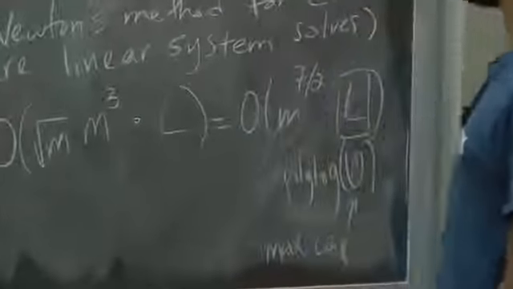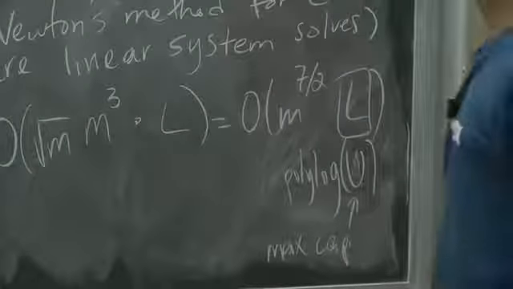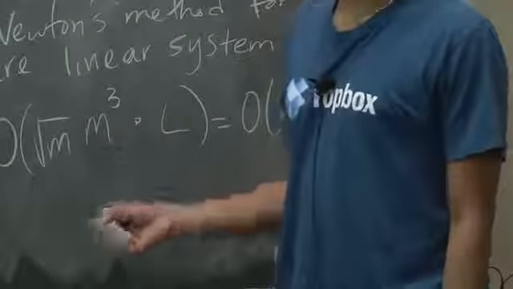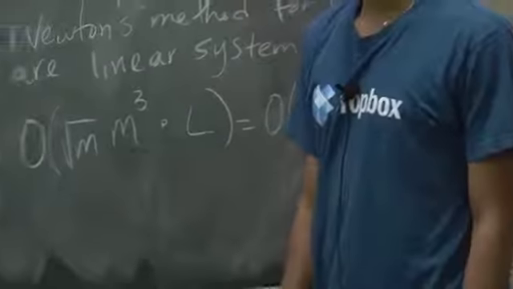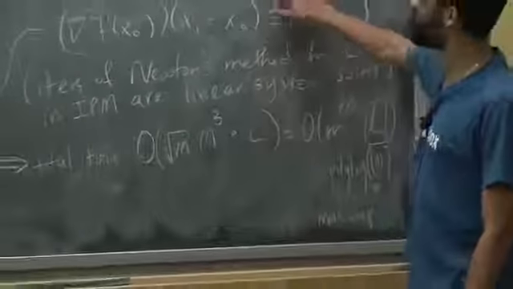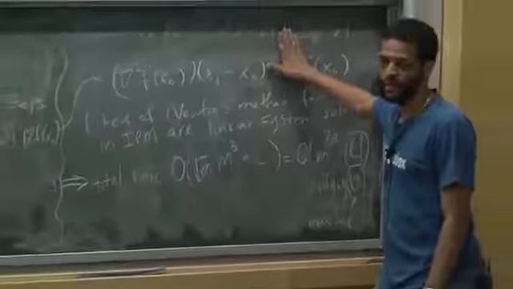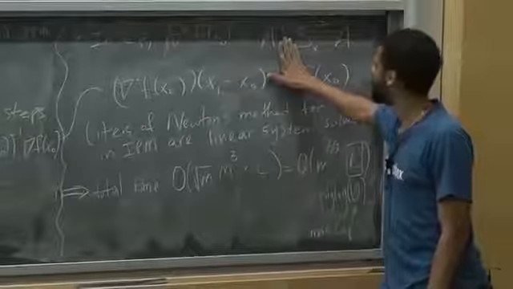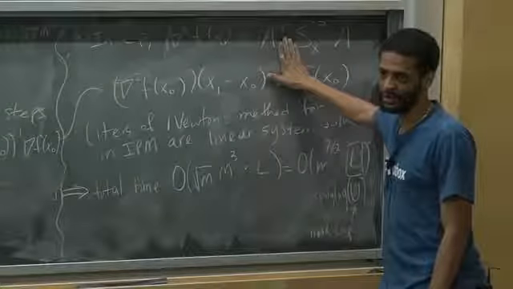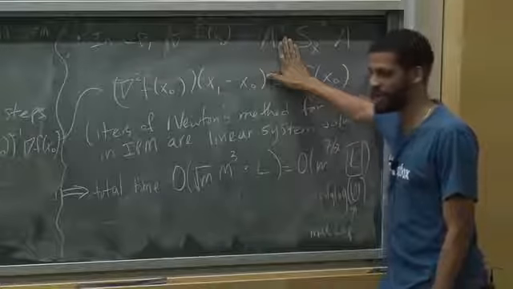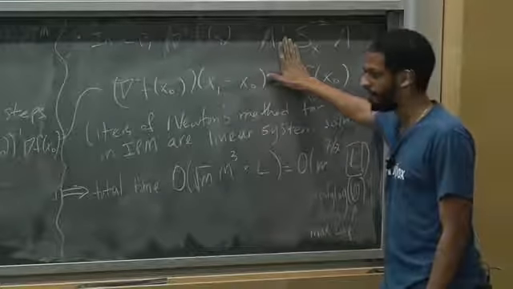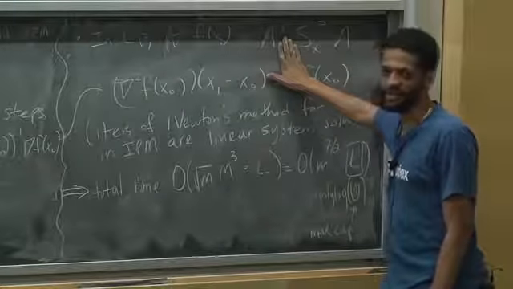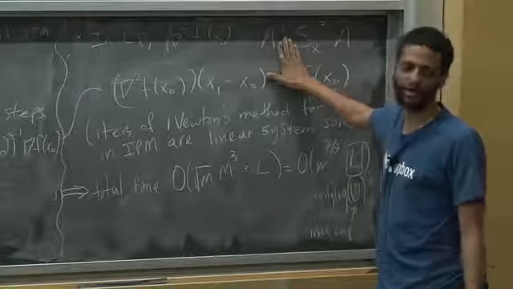One thing I will say is the dominant term here is these linear system solves. This is for an arbitrary LP. It turns out that if you write the linear system solves you have to do for the particular case of the flow problem, the linear systems you get are a special subclass. They're not arbitrary linear systems.